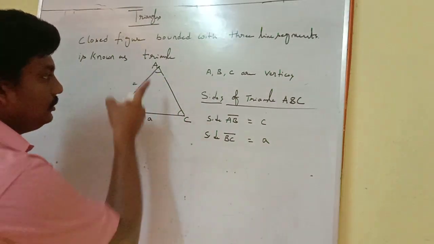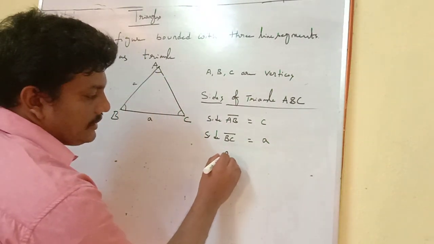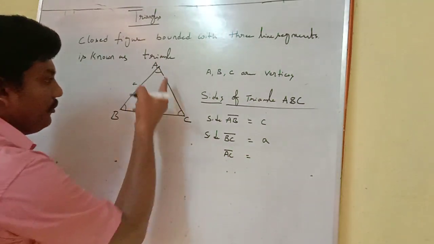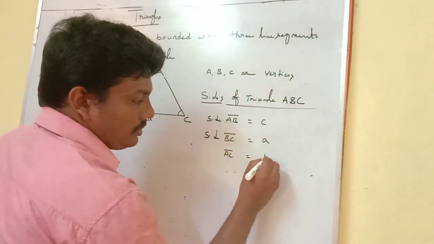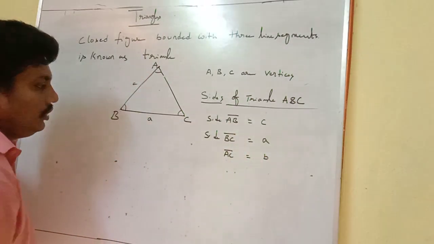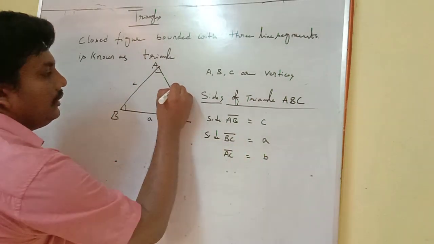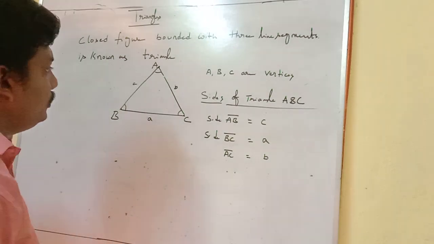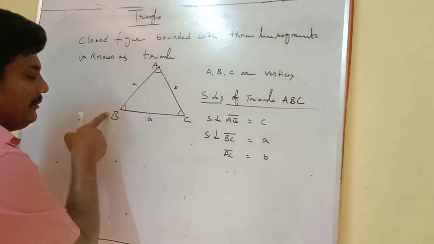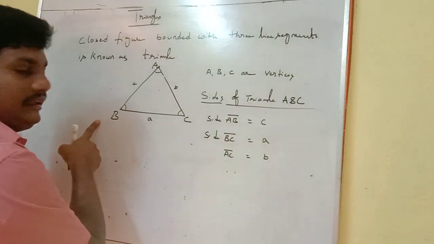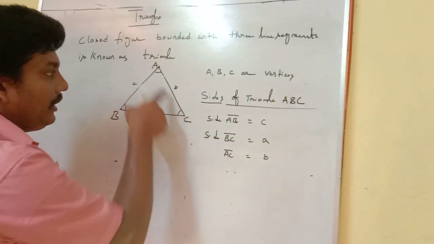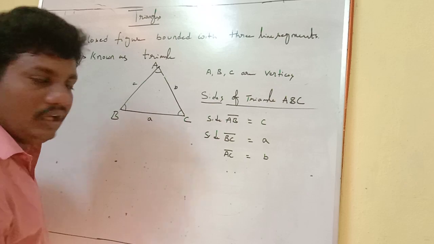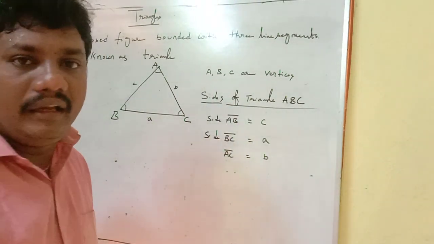Now coming to side AC, which is opposite to the capital B. That's why the side is represented as small b. So the AB line segment is known as small c, the BC line segment is known as small a, and the AC line segment is known as small b. These are the sides of the triangle ABC.